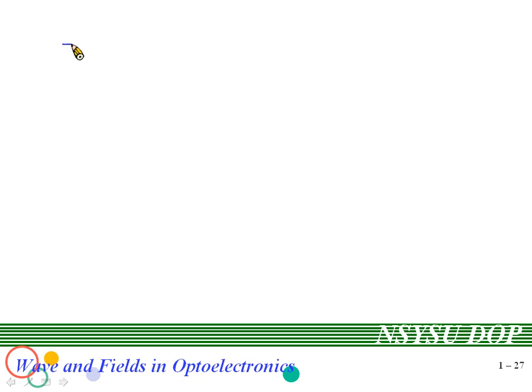The wave number k can also be expressed like this. Then we can deduce that dk is omega dn plus n times d omega, over c.